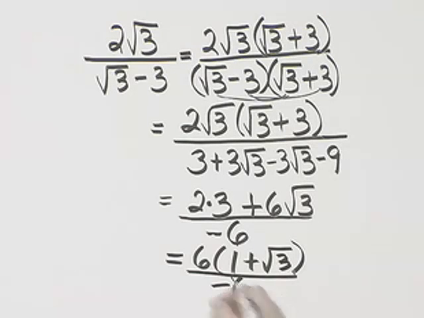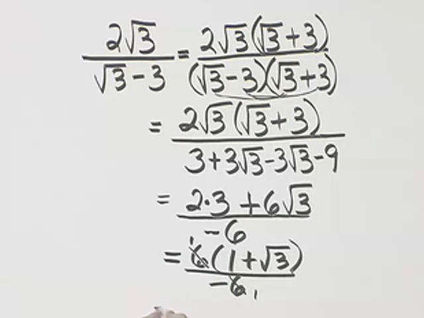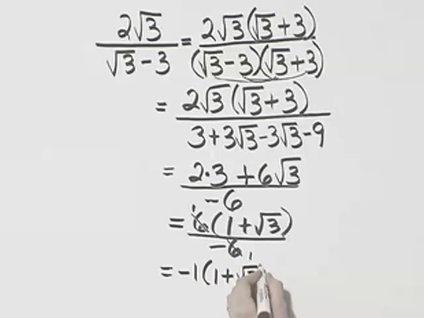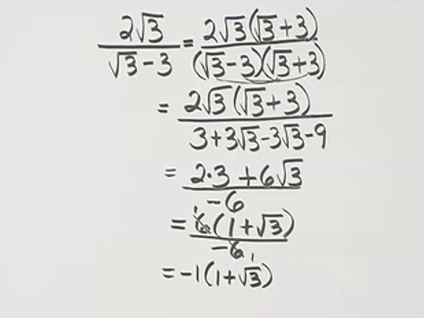Now the 6's divide out, and I have 1 plus square root of 3 all over negative 1, or I can write it as negative 1 times 1 plus square root of 3, bringing the negative out in front, or you can write it just multiplying out. Negative 1 times 1 would be negative 1, and then minus square root of 3. So either like this, or negative 1 minus square root of 3. Either one should be okay.